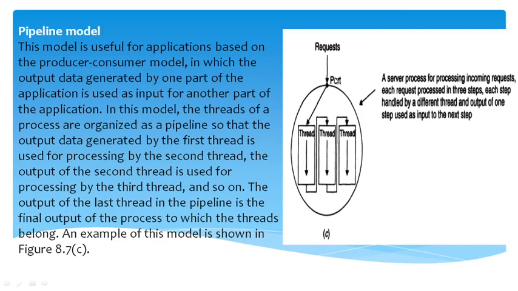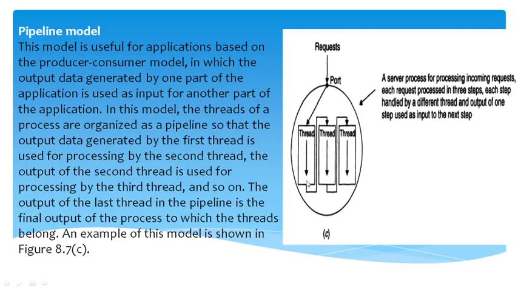In this type of organizing threads, this model is useful for applications which are based on the producer-consumer model. Whenever the producer is producing items, the consumer should consume them, where the output data generated by one part of the application will act as an input for another part of the application.